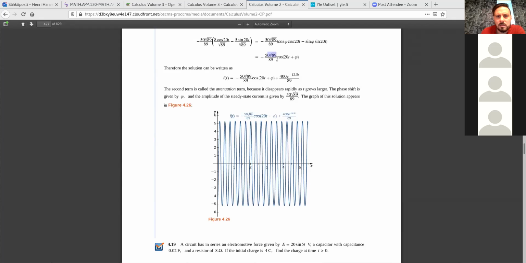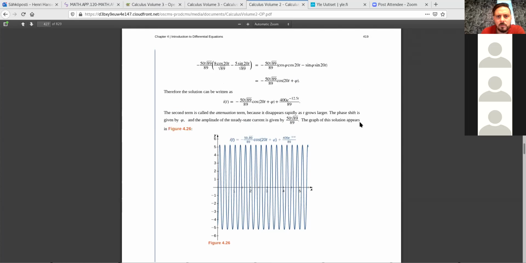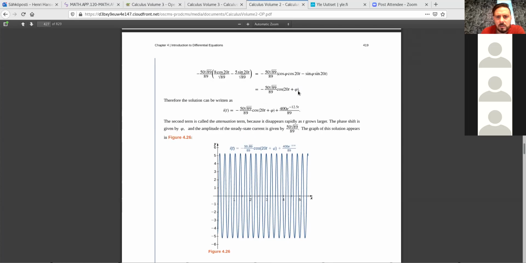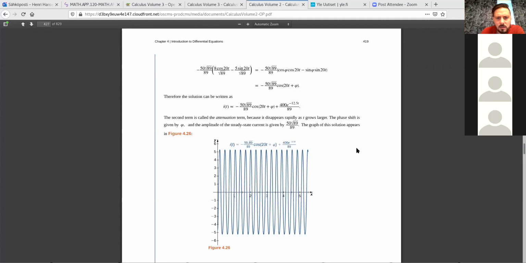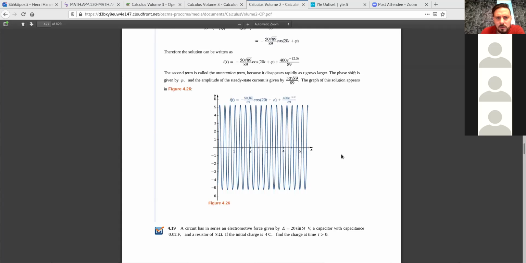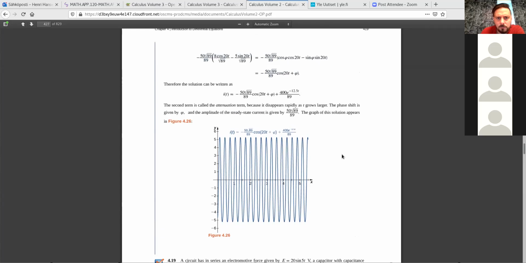Its magnitude is given there, and it's cosine of 20t plus this phi. That's what's called the phase shift. And then there is what is called the attenuation term. It's not a very big one in this case; the attenuation term is relatively small.